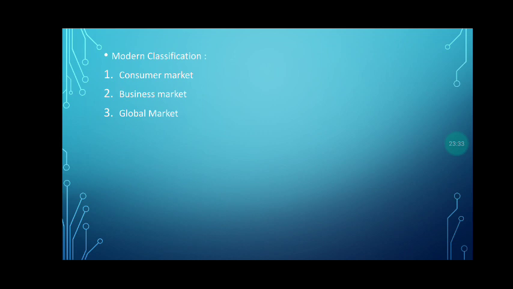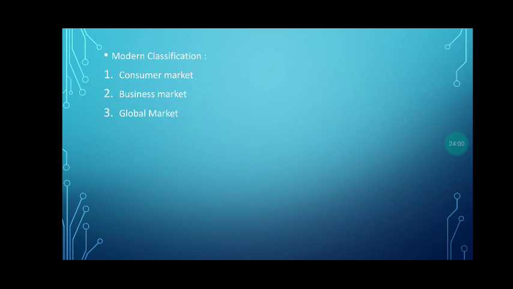The main focus of the business market is to explain how their product will help the business in increasing profit or reducing cost. So this is the main motive of the business market. In the business market, the consumers are not the end users of the product.